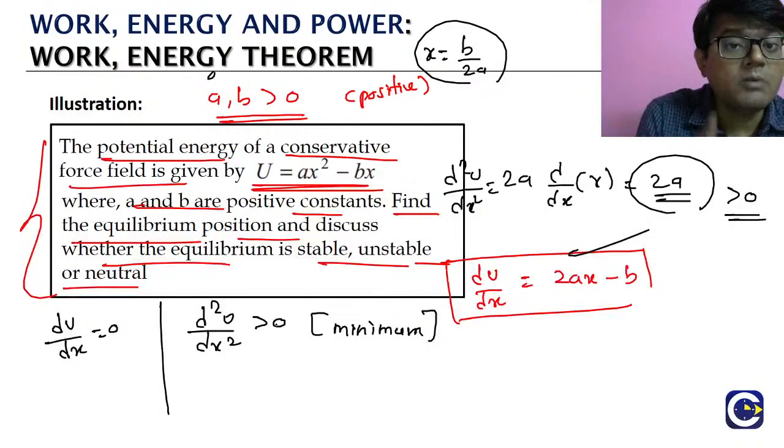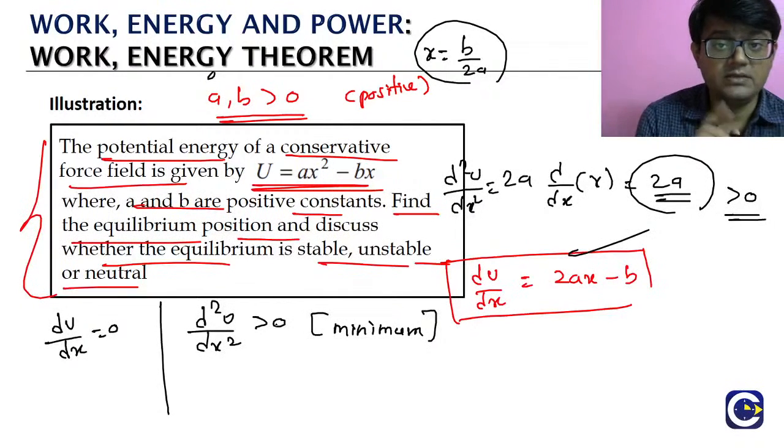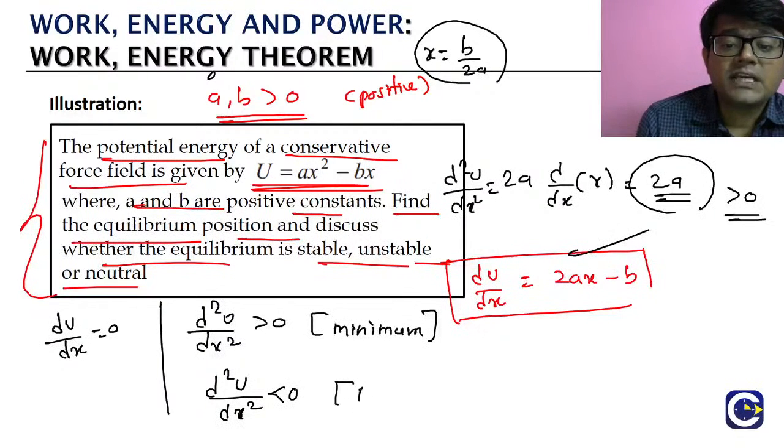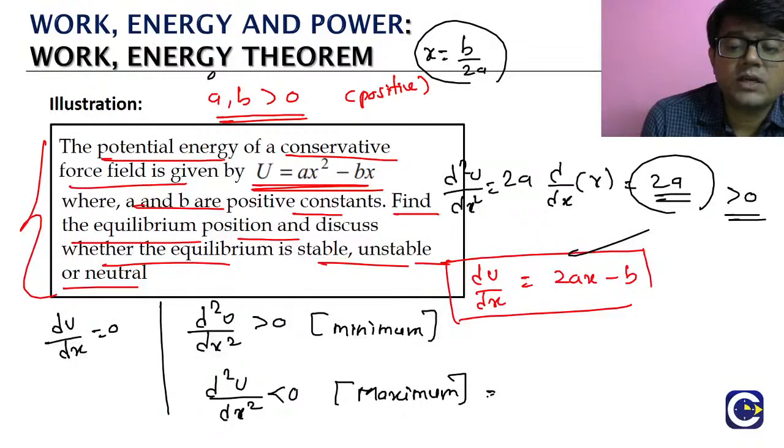Okay va, minimum potential energy சொன்ன உடனே what is it, stable. ஏன்னா every object wants to be in the minimum energy state, அப்படிதானா. If the second derivative is negative, that represents what, maximum position, which means it is what, unstable equilibrium.